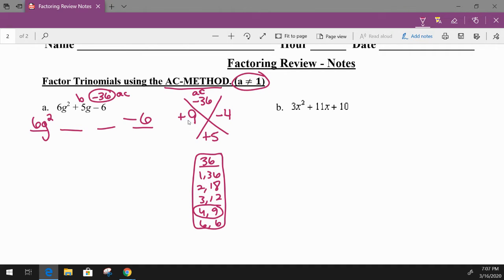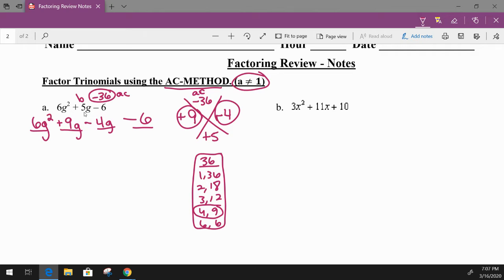So if I check it, if I multiply 9 and -4 together, it will be a -36. But if I add them together, I get +5. So knowing those two numbers now tells me what the coefficients of these middle terms are going to be over here. So I'm going to have a +9g and a -4g. Combine those two together and you'll get the +5g that you have in the middle.